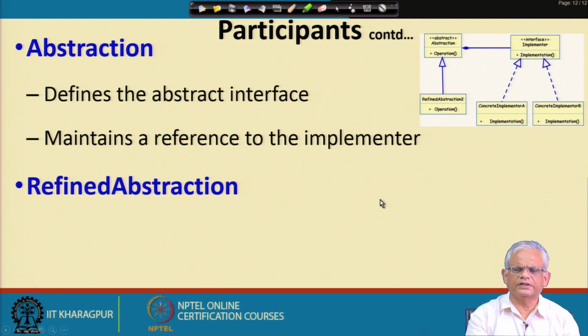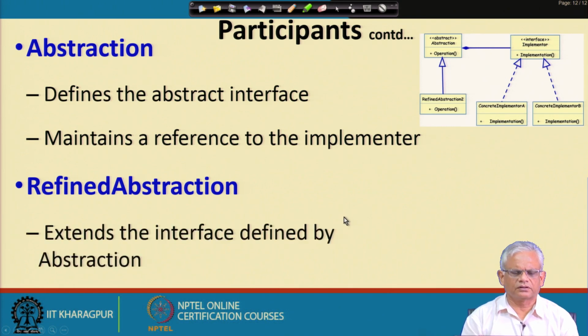The abstraction defines an abstract interface which the client uses, and it maintains a reference to the implementer, and that is how the bridge is established. The refined abstraction is a concrete class which extends the interface defined by the abstraction.